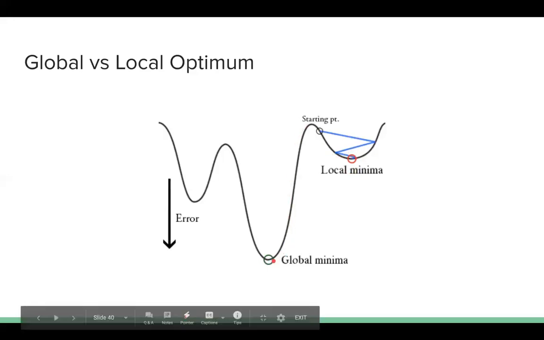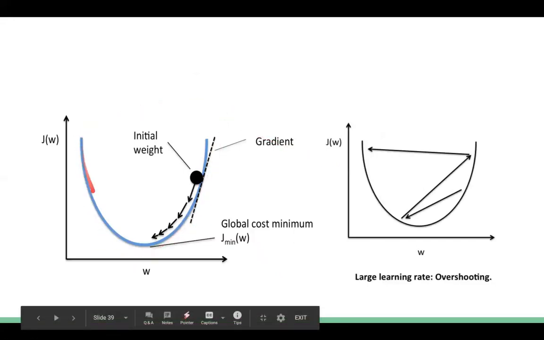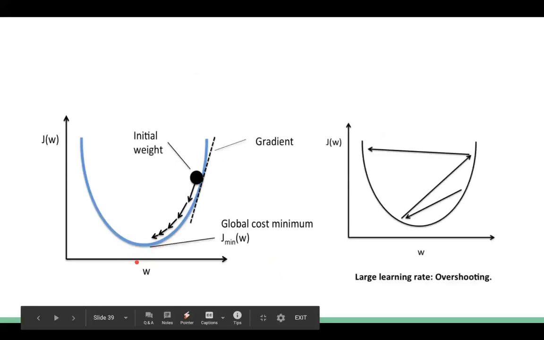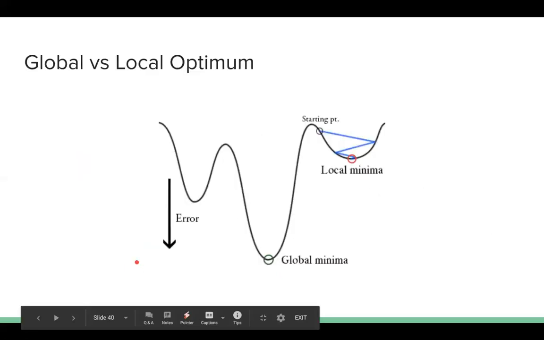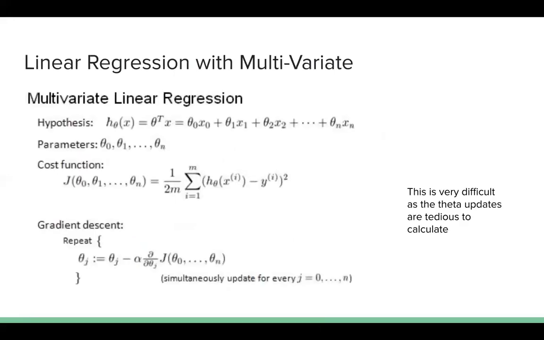But this problem happens only when the curve is like this. In our case, you can clearly see that the curve is always an inverted bell shape, so there is no doubt that we will always have a global minimum and never a local minimum. One takeaway point is that linear regression doesn't have a local minimum; it always has a global minimum. With that understanding, we'll stop the session right here and quickly join for multivariate linear regression.